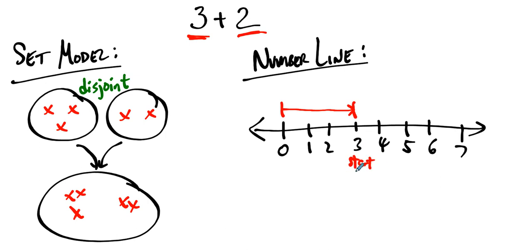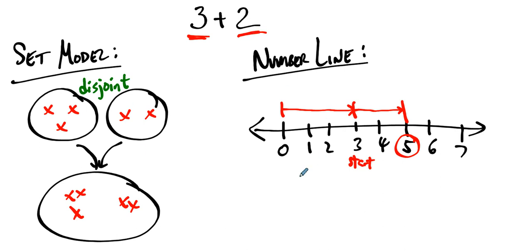And then from that number 3, we move 2 more. We move 1, 2 more. And so 3 plus 2 happens to be 5. This is the number line model. We start at the first number, and then we move in the positive direction the number that comes second.